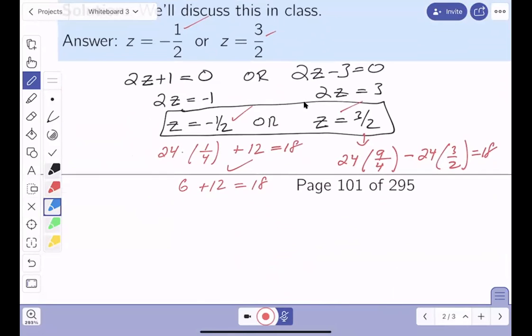All right, 4 goes into 4 once, goes into 24 6 times. 6 times 9 is 54. Minus, let's do the next one. 2 goes into 2 once, and it goes into 24 12 times. And 12 times 3 is 36. And what do you get there? 18. 18 does equal 18.